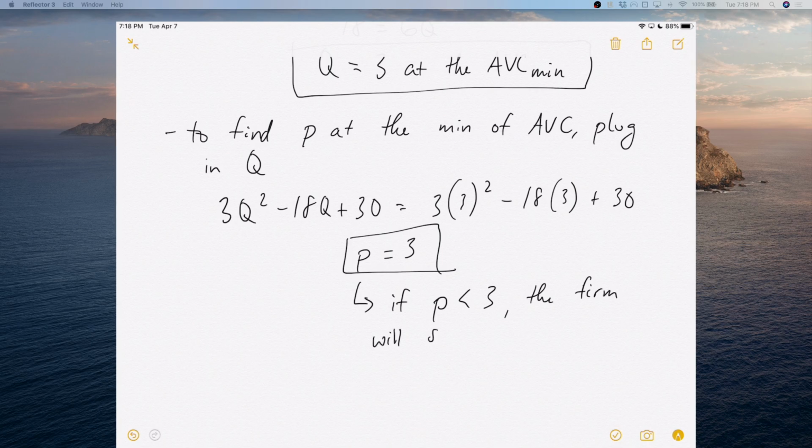Think about the lecture notes here. This is just an application of what we were talking about. If the firm can't cover its variable costs, then it will shut down. In the short run, you need to cover those variable costs. In this case, if the price goes below 3, then the firm won't be able to cover their variable costs, and because they can't cover their variable costs, they'll shut down. And that is the end of this problem.